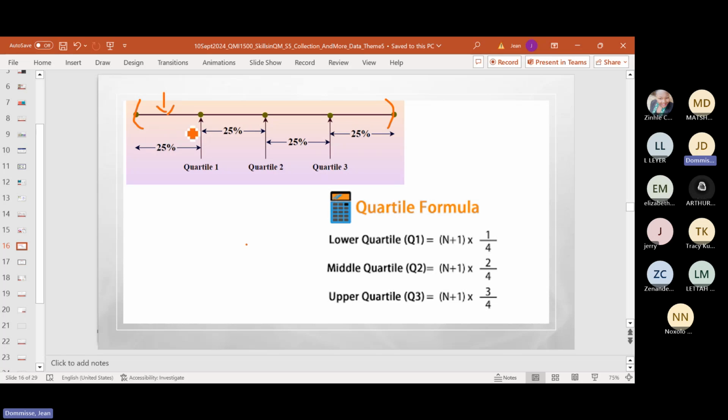So then after 25, that is Q1. Then you add another 25, so you get at Q2, or another name for Q2 is your median, because that is the piece of work in the middle of your data set. So that can also be called your median.